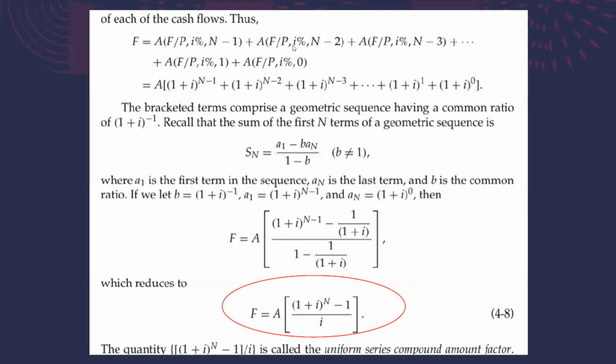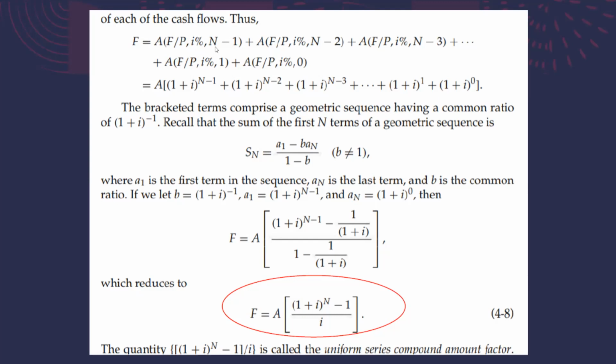So this is how this particular equation is made up. For each cash flow, from the end of the first year to the end of the nth year, if you remember from school days, you might have learned about calculating the sum of a series. Similar to that, if you remember last week, we learned about these notations, F over P, where F is the future equivalent value and P is the present value.